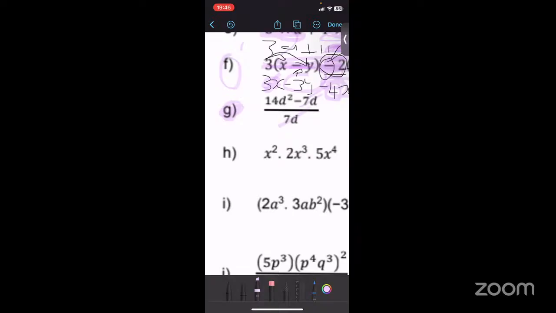Then the 14D to the power 2 and the 7D, this 14, you have to divide it by 7.